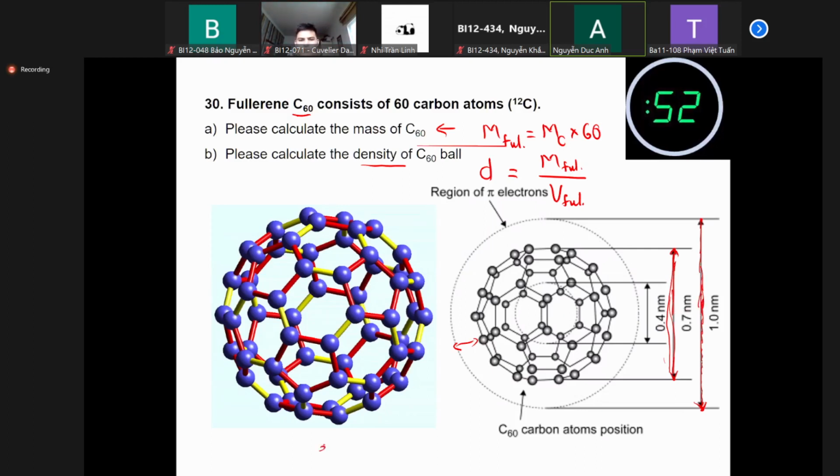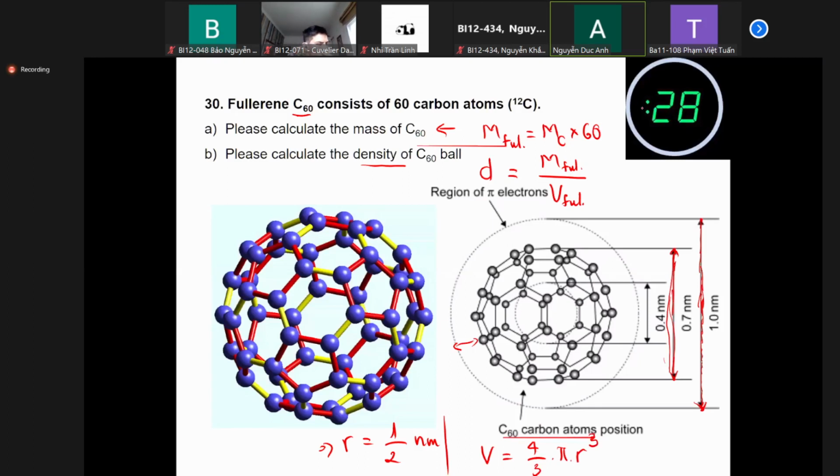So this leads to the radius of the fullerene being 1/2 nanometer, right? And then the volume will be 1/3 multiplied by pi multiplied by r to the power of 3.